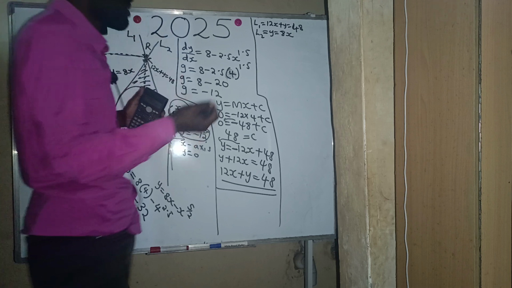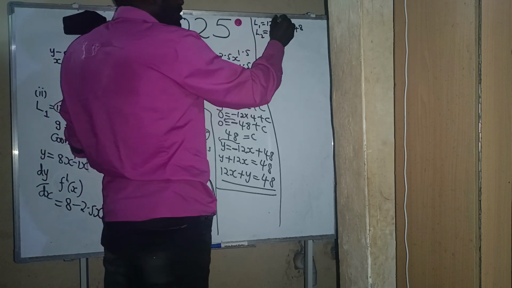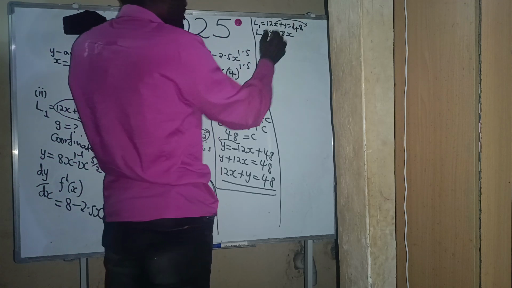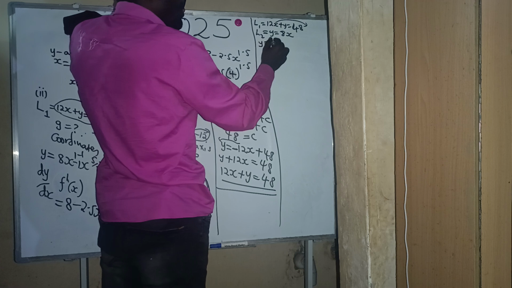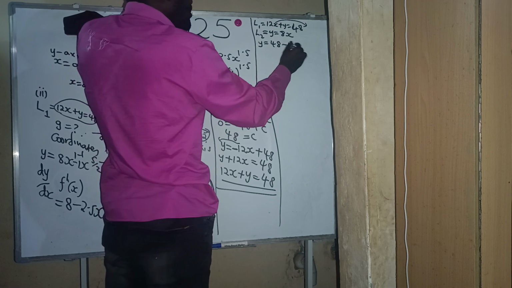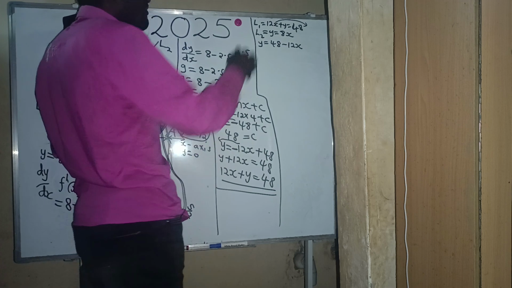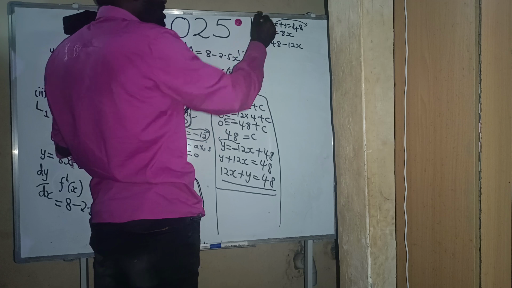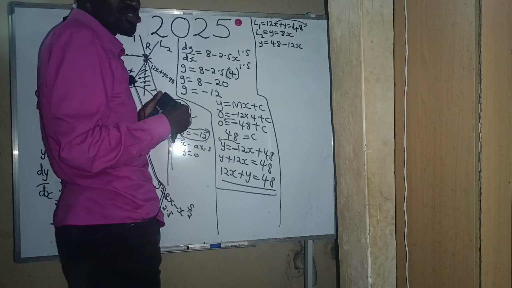Let me take 12x to this side, so I'll be left with y equals 48 minus 12x. I've written L1 in such a way that I'm making y the subject of the formula.